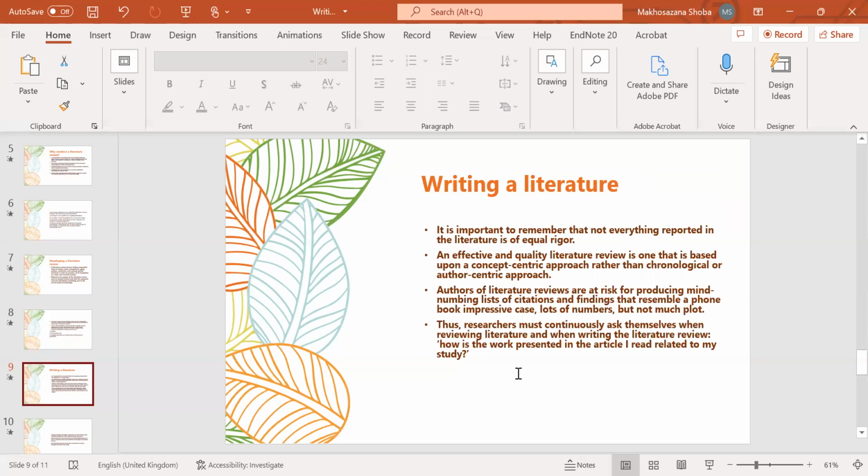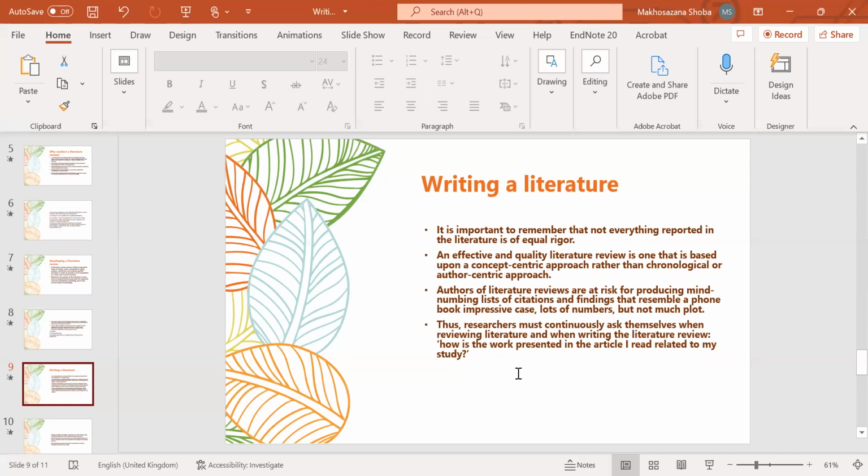So you will find many readings and articles or authors writing some things that may seem to be related to what you are looking for, but they're not that important. So you need to be careful when you write a literature review that you are not writing on everything and anything that is available, because some of it may not be equally important.